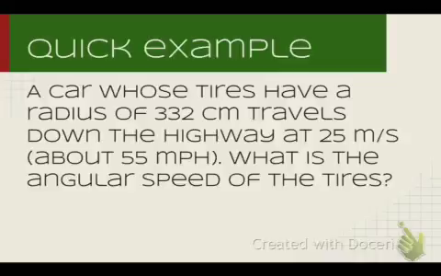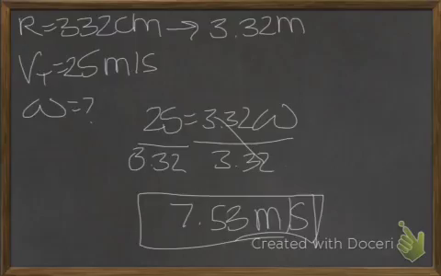Alright, so let's look at a quick example. A car whose tires have a radius of 332 centimeters travels down the highway at 25 meters per second, about 55 miles per hour. What is the angular speed of the tires? They tell us that the radius of the wheel is 332 centimeters, which is 3.32 meters, and the velocity it's moving at is 25 meters per second.